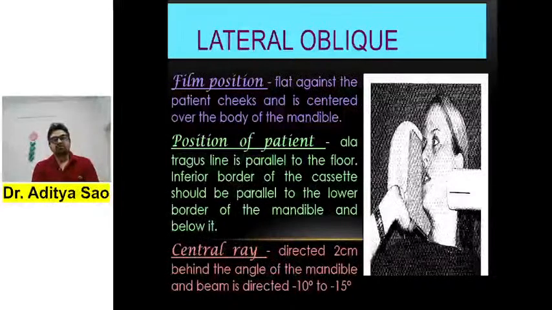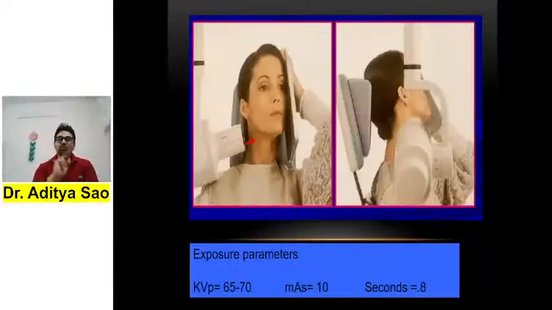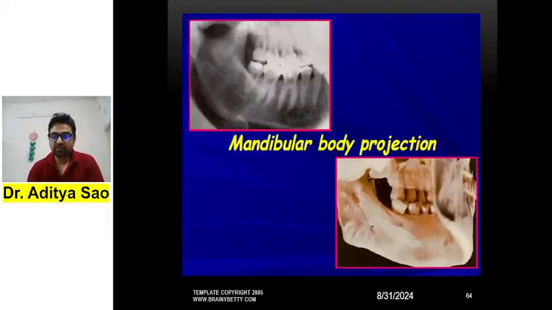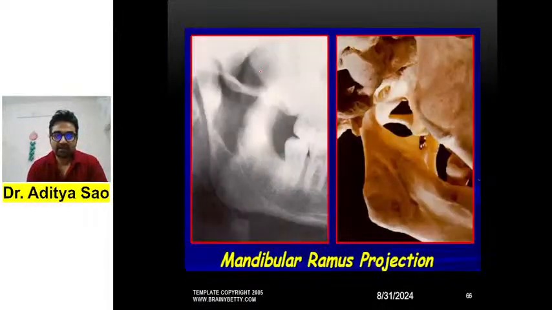Inside this there are two: one for the body and one for the ramus. If we want the body, we keep it normal; for the ramus, we tell the patient to protrude. This is the mandibular body projection in which you can see the whole body of the mandible, and this is the ramus projection in which we tell the patient to bring the jaw forward.